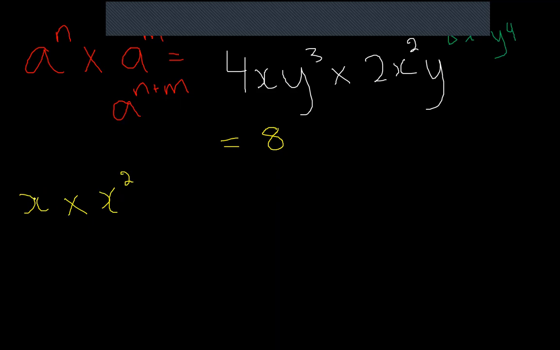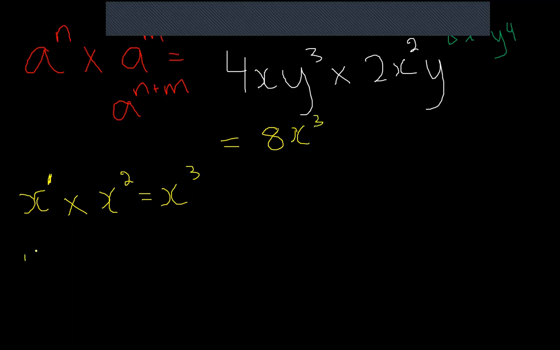If I just have x by itself, it's implied that this has a power of 1. And according to this rule, two exponentials with the same base, when multiplying them, I would add their powers. And that is why this would become x cubed. So I put x cubed there.